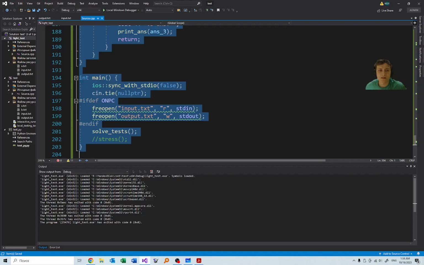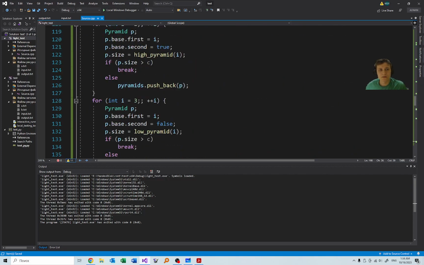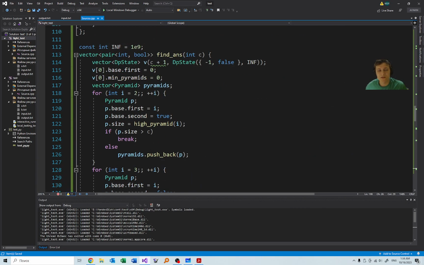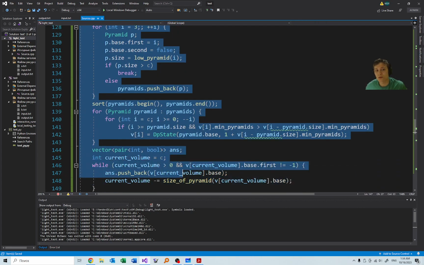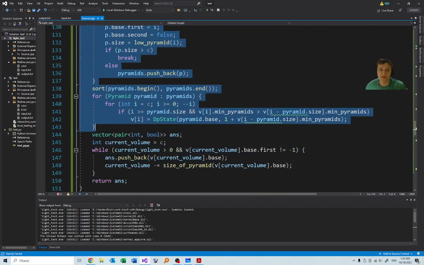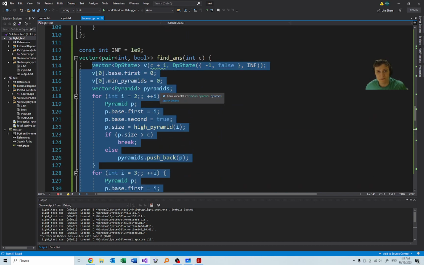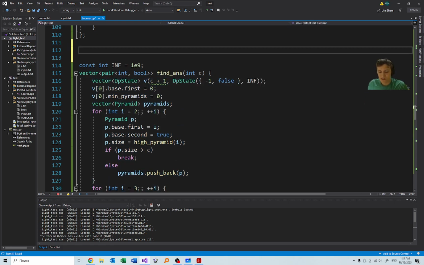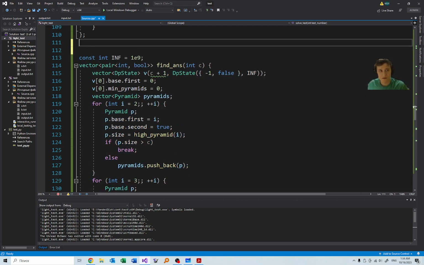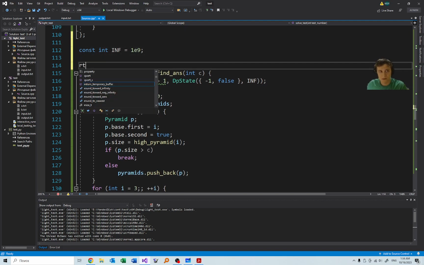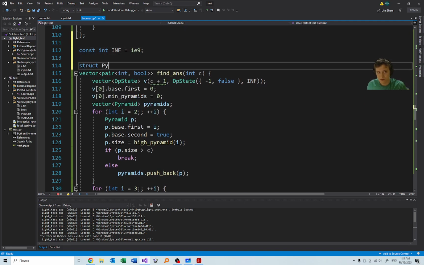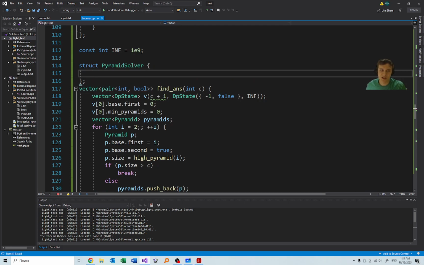Actually, I didn't need to do this every time for each multitest. So this can be done only once. This, of course, can be done only once. Okay, to fix this, we need to create some solver, which just does the dirty job.